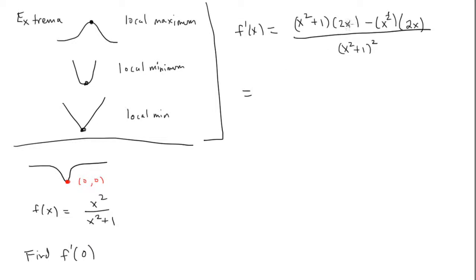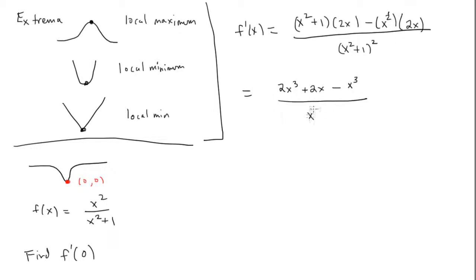Okay, now in this case we probably should go ahead and simplify this expression a little bit, and start getting in the habit of doing a little bit more simplification than we did in previous sections. So I'll distribute on that first term. I'll get 2x cubed plus 2x. And then over here I'm going to get minus x cubed.